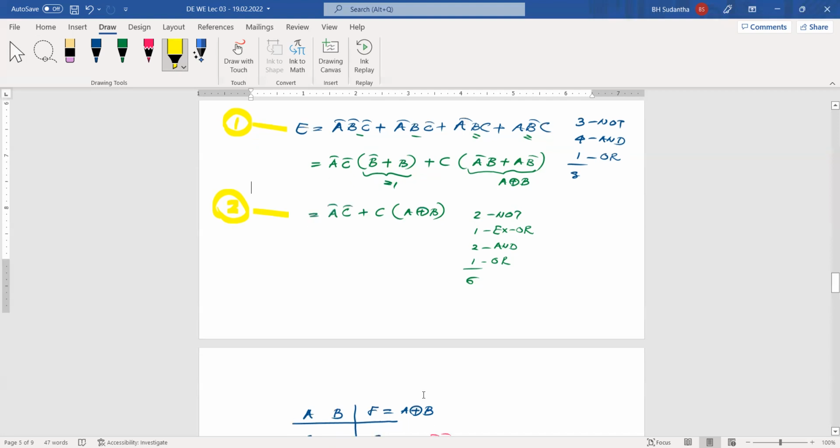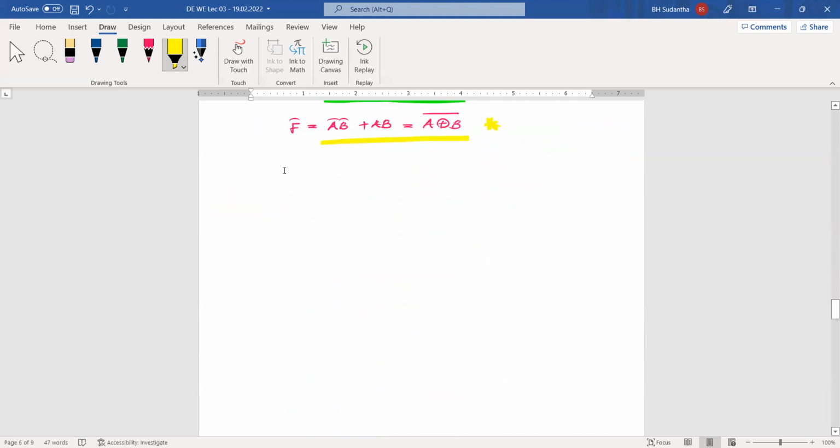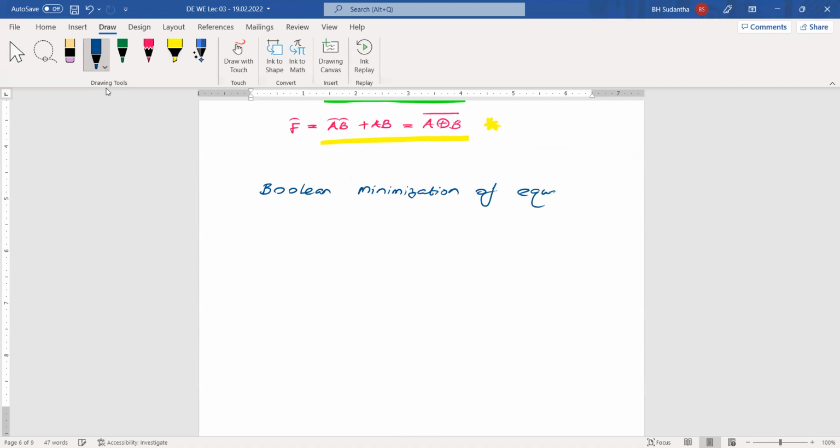But the technical name for this is not rearranging the equation. We say it's Boolean minimization of equations. To minimize any Boolean equation, we have 2 methods.